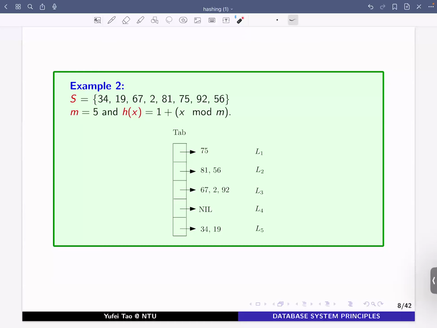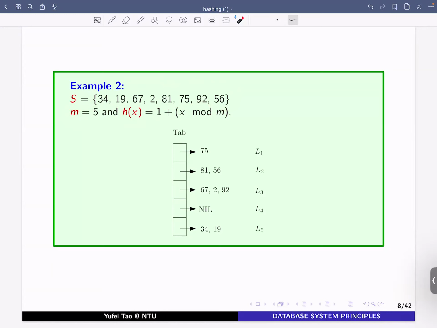Here I have an input set. As you can see, these are the elements. Someone says we'd like to create 5 buckets according to this hash function. As you can see, there is this modulo operator; you'll be seeing it a lot today.